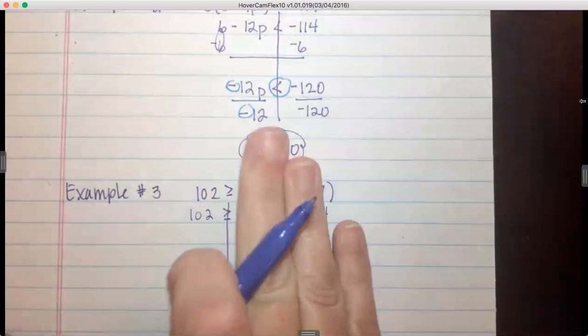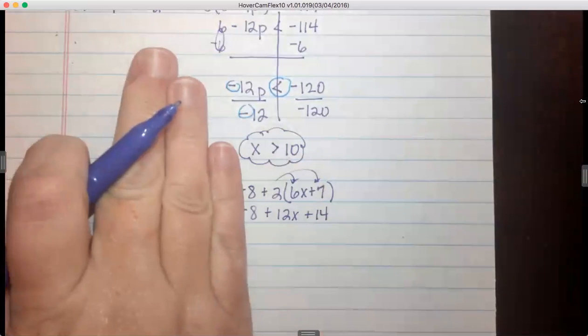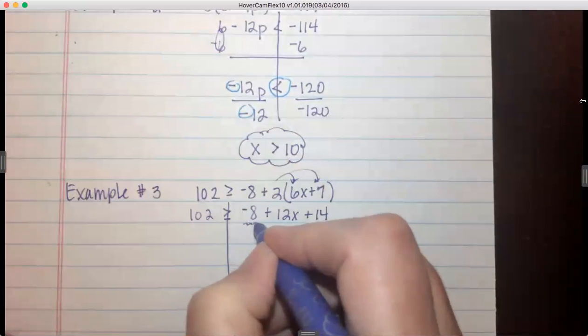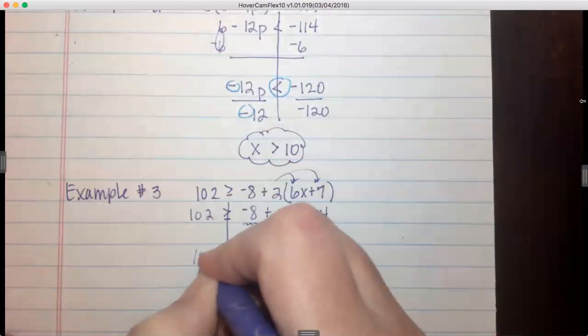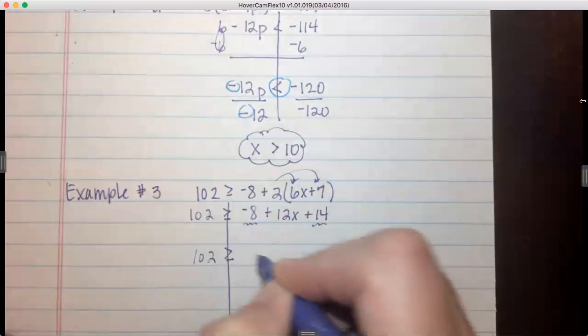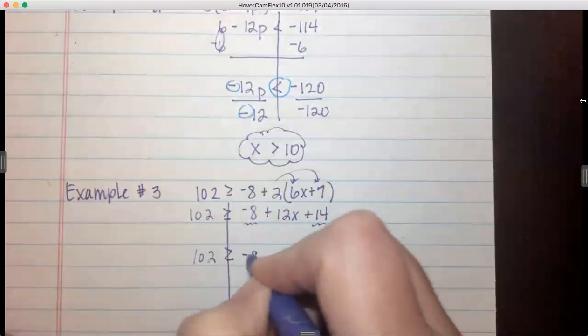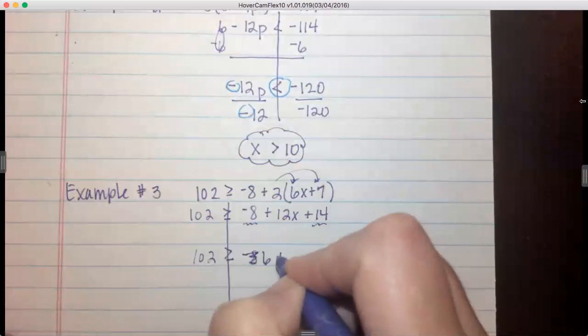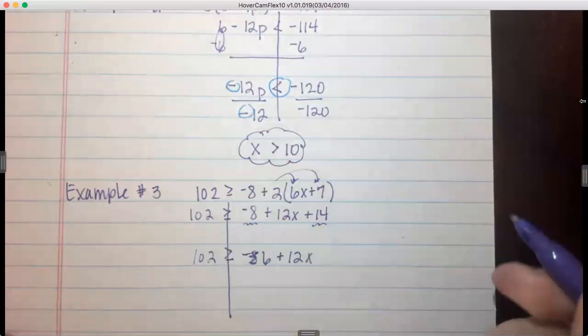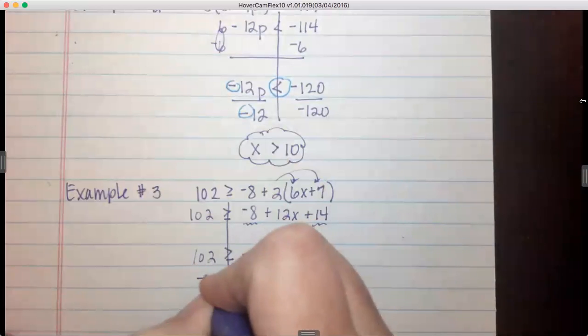Over here, nothing to combine. Over here, I have something to combine, -8 and 14. So 102 is greater than or equal to not -8, sorry, 6 plus 12x. Okay, so then we're going to subtract 6 from both sides.